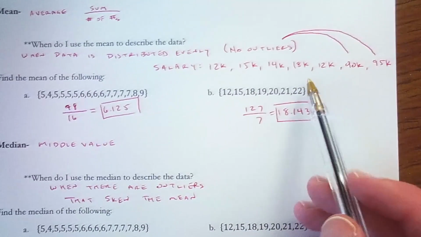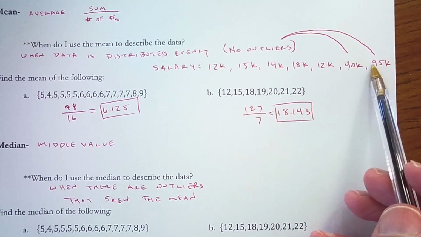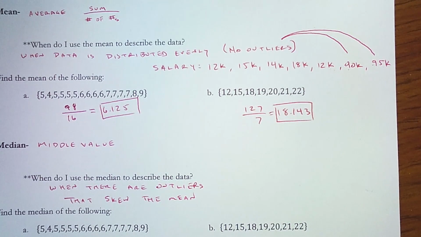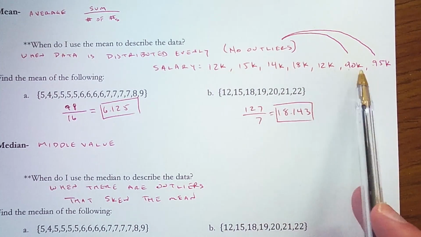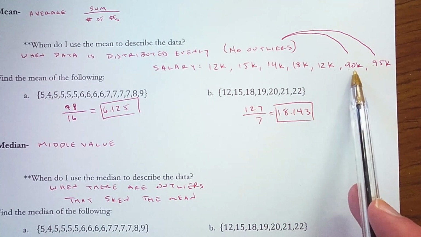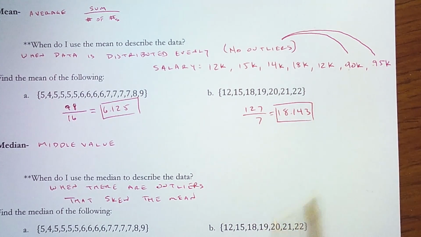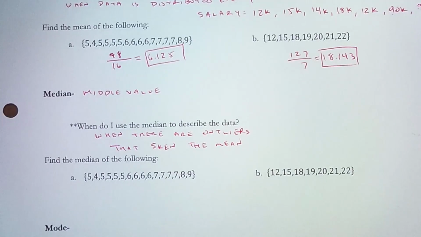And that's actually the case up here. These two outliers are going to pull that mean way up higher than it really should in order to actually show the central tendency of this data set. So the median here would be a better central value for this set of data.